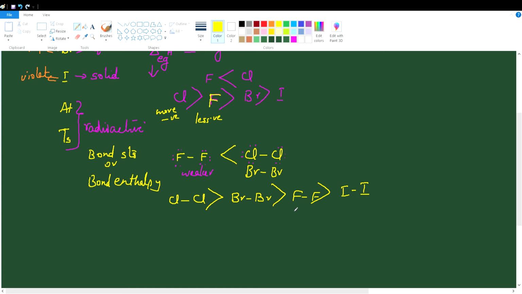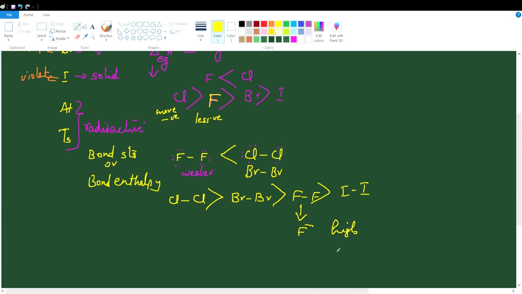Due to the very small bond dissociation enthalpy of fluorine, the bond breaks very easily and produces F- ion. That is, fluorine is easily reduced. And this F- ion hydration enthalpy is very high.